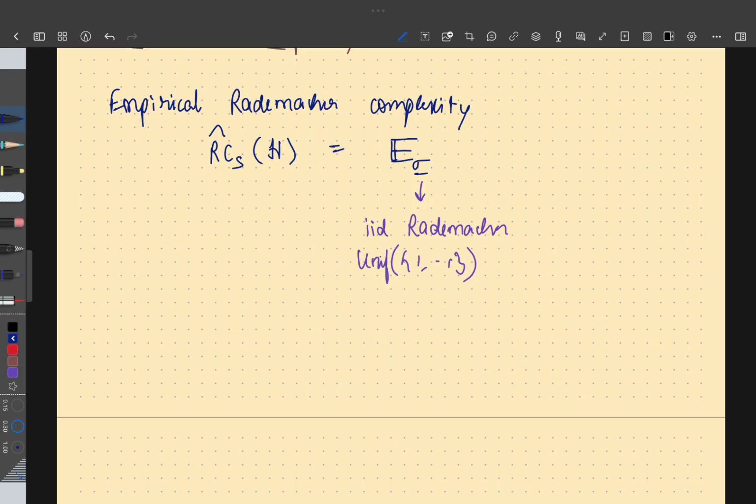So it's the expectation over all possible sigma of the following quantity: the supremum over all H in the hypothesis class of 1 over n, summation i equal to 1 to n, the loss achieved by H on the ith sample.